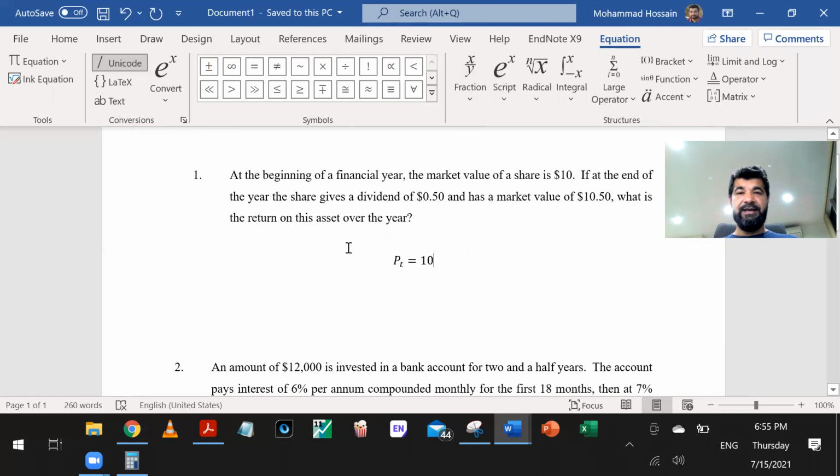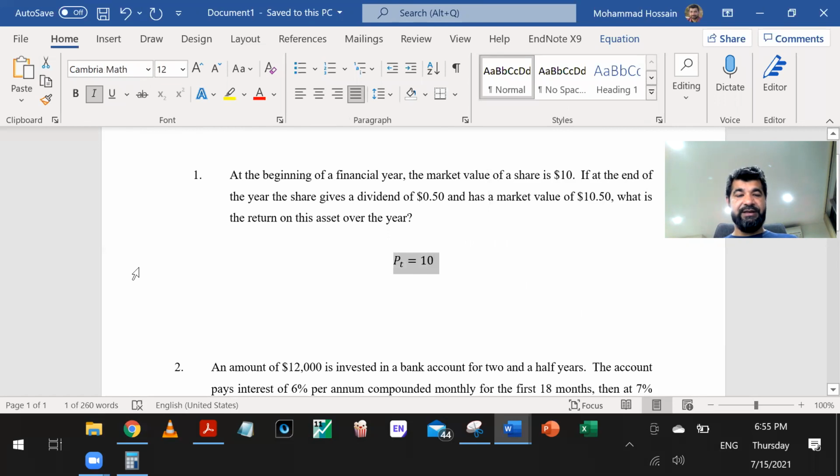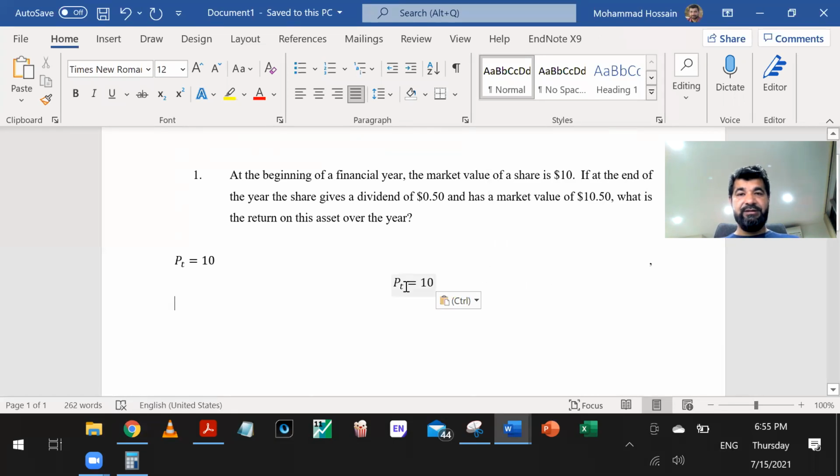Okay, and we'll also say that P_T, current time, is the price at the end, and this one is T minus 1. You understand this? What does this T and T minus 1 mean?